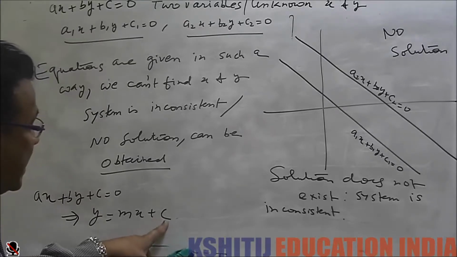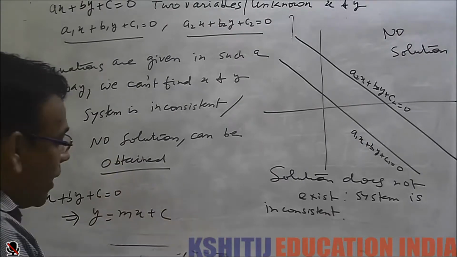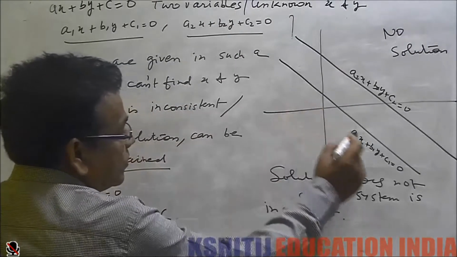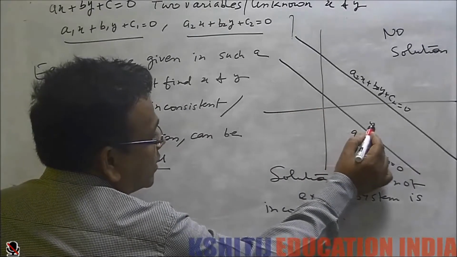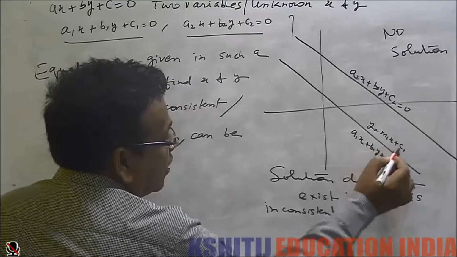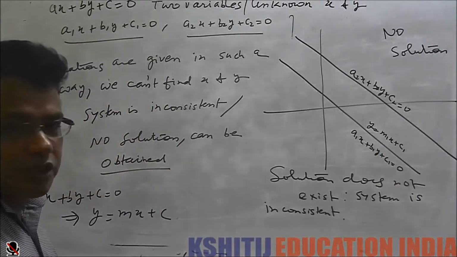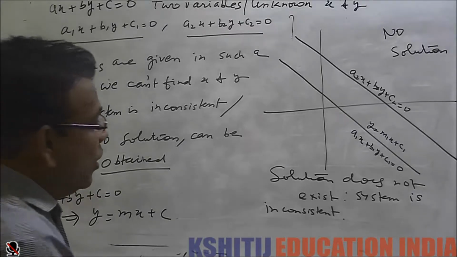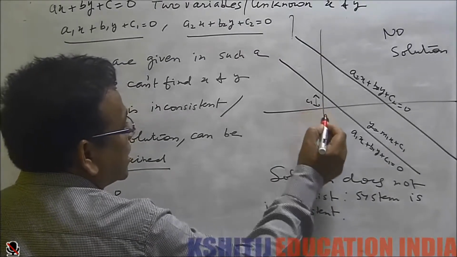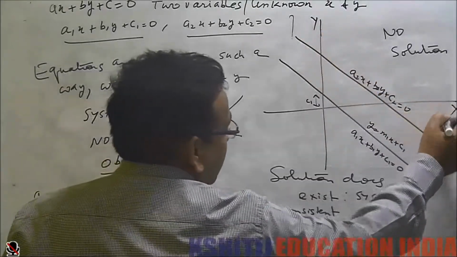So this C is nothing, this is the intercept when we draw a graph. If I put it like this, as I told you, this is another standard form. So this is my C1, intercept on y-axis. Y-axis, this is x-axis. All we know about this.